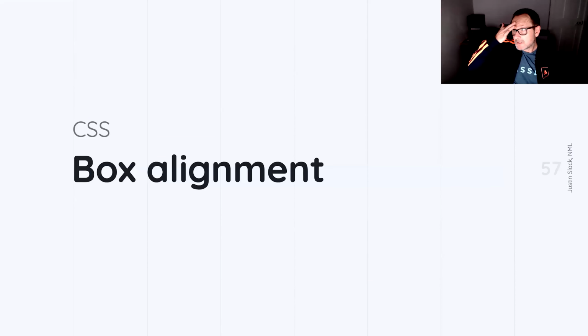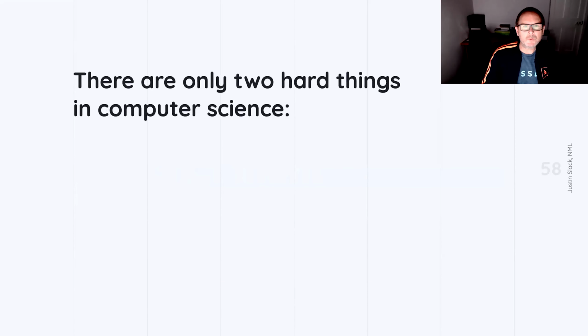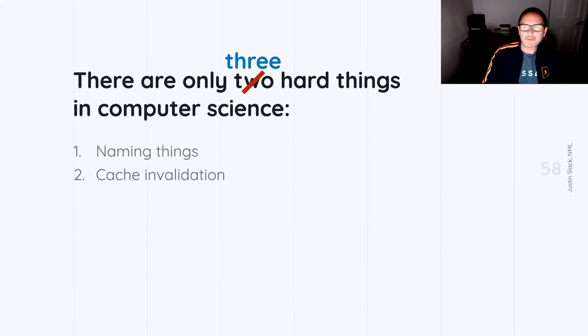Okay, so I've mentioned alignment, and this is the box alignment spec, which now lives on its own. I'm just going to talk a little bit about this. So I'm sure you've all heard this thing, right? There are only 2 hard things in computer science: naming things and cache invalidation. Well, actually there are 3.